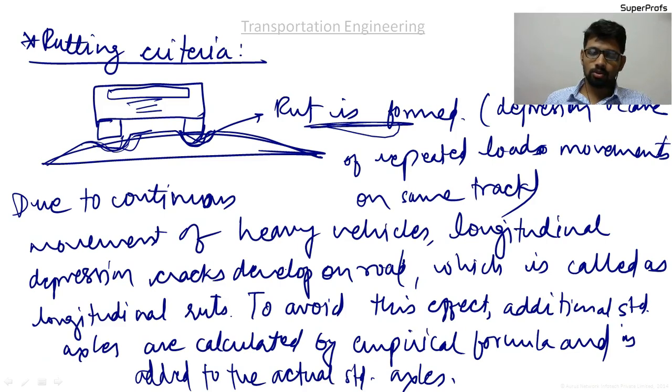So guys, I hope I have made everything clear as far as flexible pavement designs are concerned. What we are left with now is the rigid pavement design, airport engineering, and railway engineering. In the next lecture we will start with the rigid pavement design.